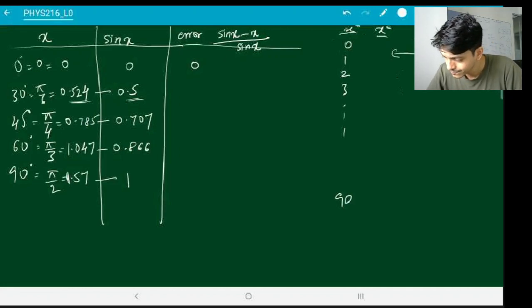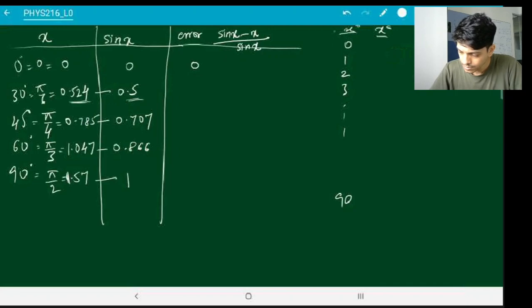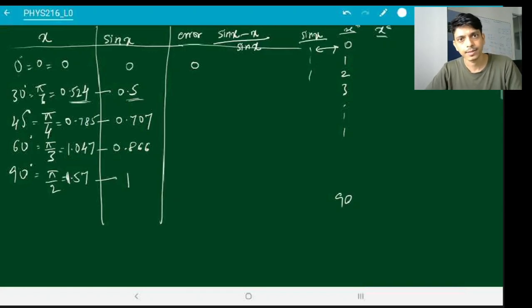For each of these, you also list sine x and the error between sine x and x. That should give you some feel for errors.